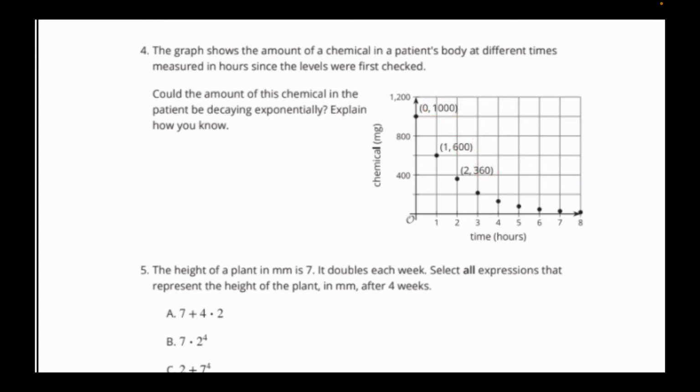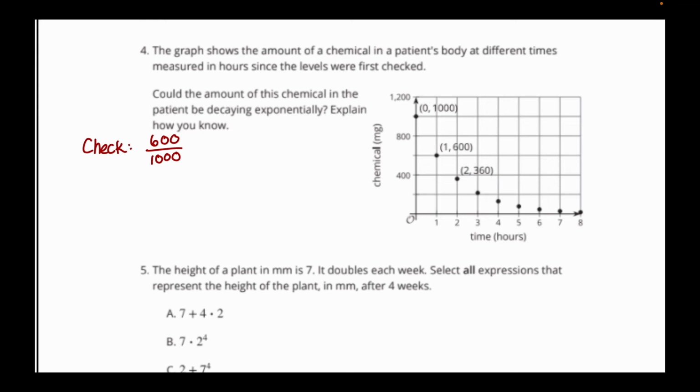So I'm going to write it out over here. I want the 600 over 1,000. That'll tell me the growth factor, or in this case, it's decaying, so it should be less than 1. That's the growth factor between 0 and 1 hours.